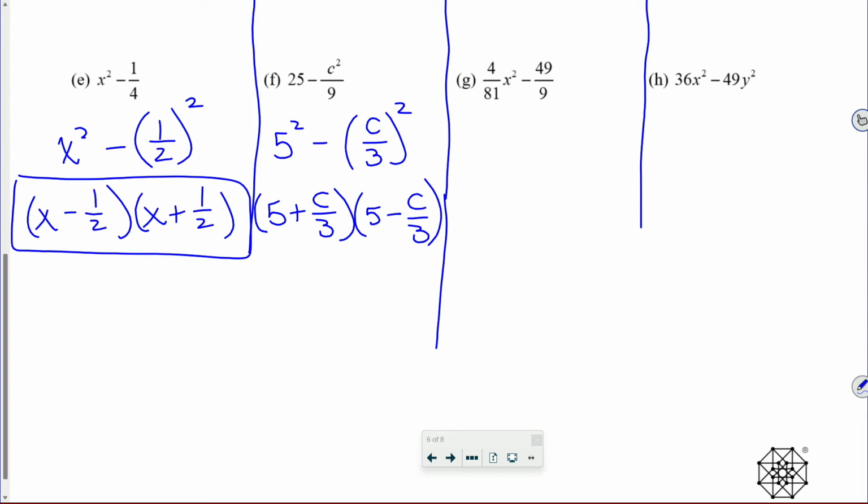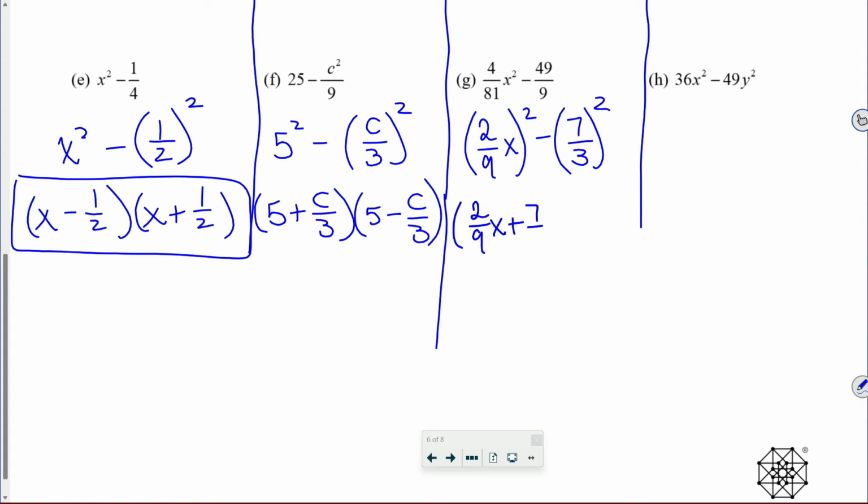Letter G, I can think of this as 2/9 x squared minus 7/3. This one's really ugly, squared. So I've got 2/9 x plus 7/3 times 2/9 x minus 7/3.